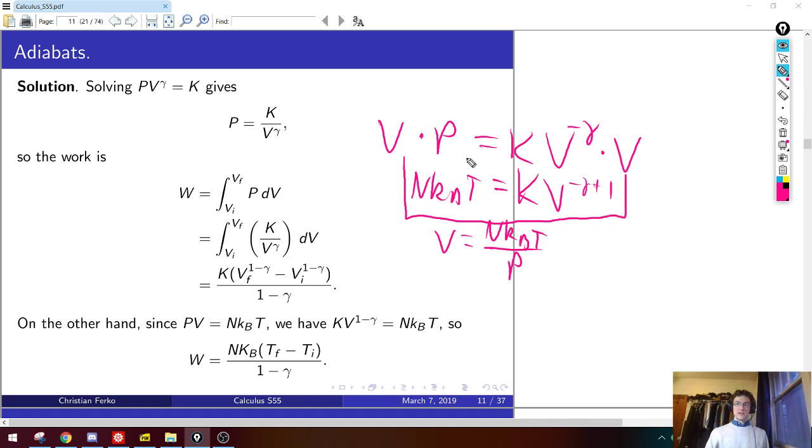So this shows you that K V to the 1 minus gamma is the same as N Boltzmann constant times temperature. Is that okay?